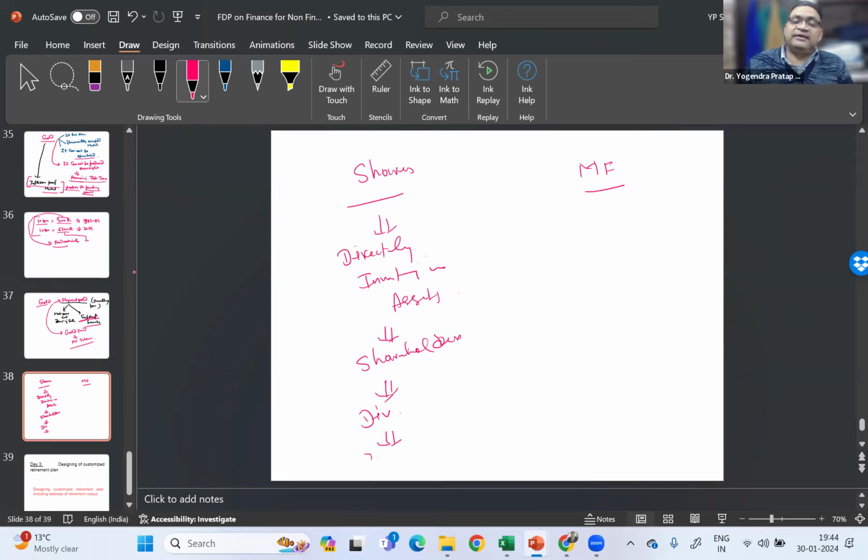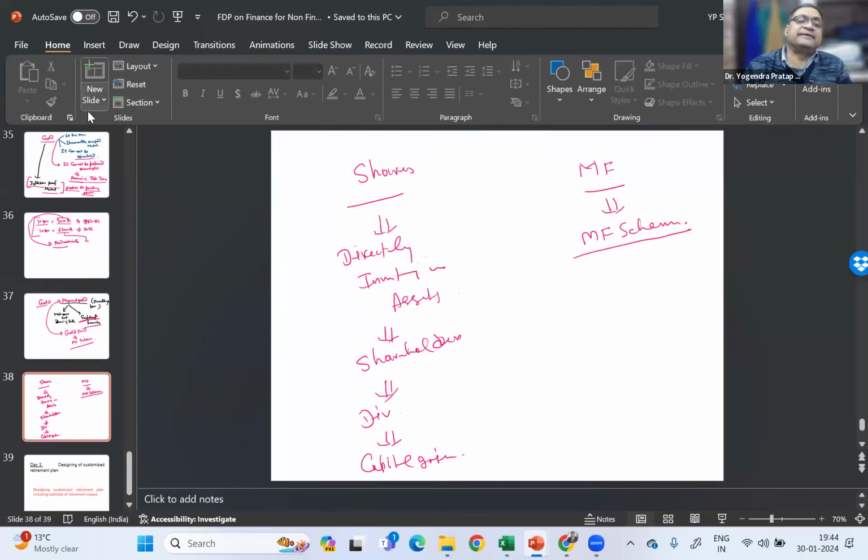And when you sell it, you will get your capital gain. Now come to mutual fund. Mutual fund investment is done through mutual fund schemes.